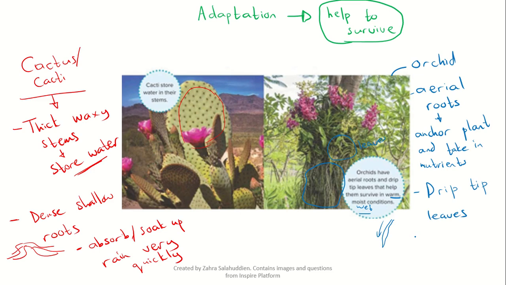So they let the water fall off quickly. We use the word drain. They drain the excess. Excess means extra. They drain the excess water. So these leaves are the shape to let the water fall off quickly.